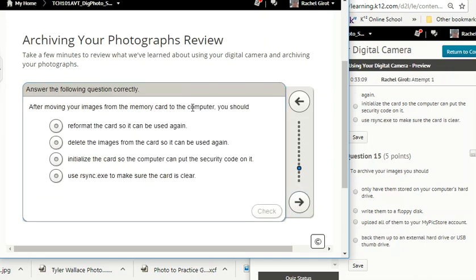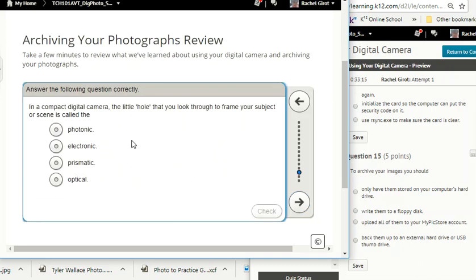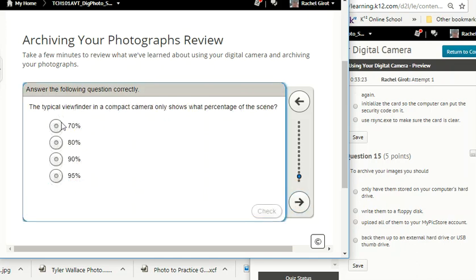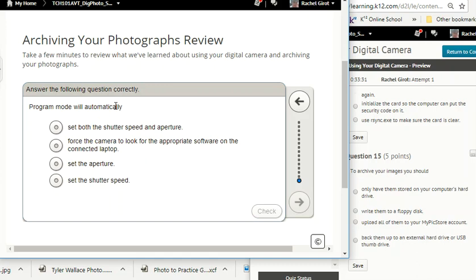After moving your images from the memory card to the computer, you should delete the images from the card so it can be used again. In a compact camera, the little hole that you look through to frame your subject or scene is called optical. The typical viewfinder in a compact camera only shows what percentage of the scene? 80. Program mode will automatically set both the shutter and aperture.